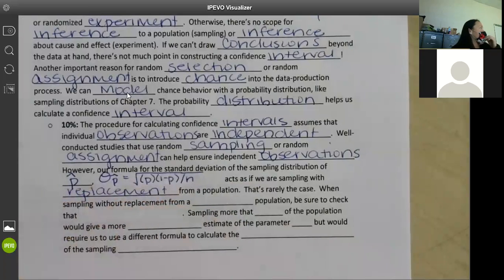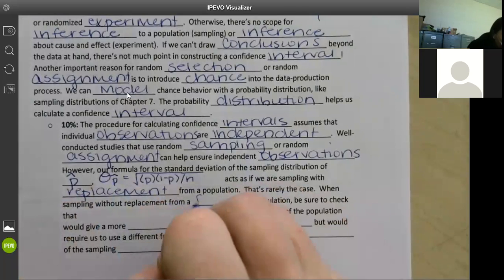That's rarely the case. If we take an SRS, we are not putting people back into that population. We're taking them out and changing that chance number. So we have to check that 10% rule to make sure that we're okay with that. That's rarely the case when sampling without replacement from a finite population.